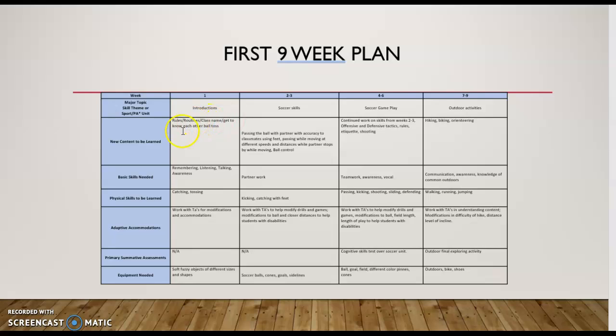Each week I gave the new content to be learned, the basic skills that would be needed, the physical skills that would be learned during that week or 2 weeks, the modifications needed for the three students with diagnosed disabilities, summative assessment if there is any, and then equipment needed for those topics.